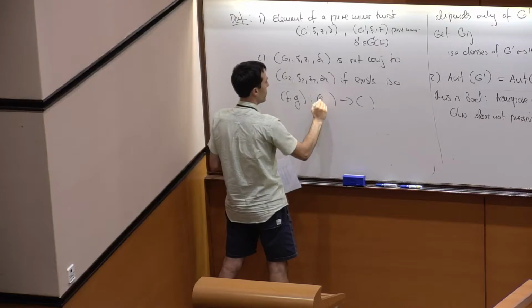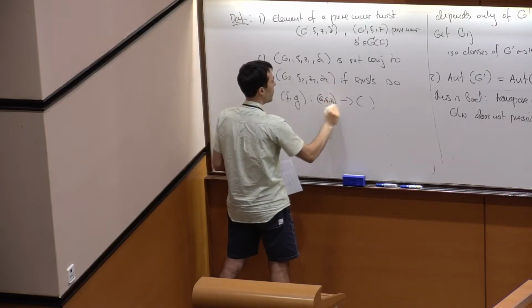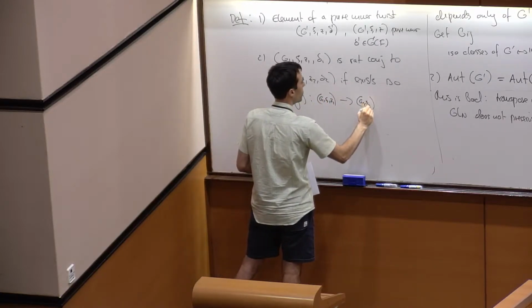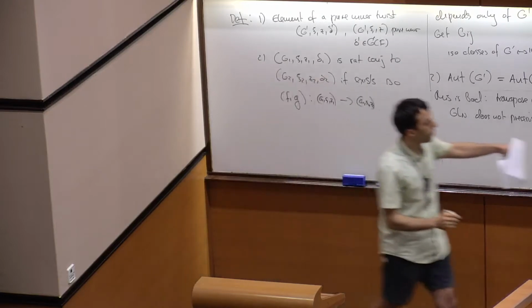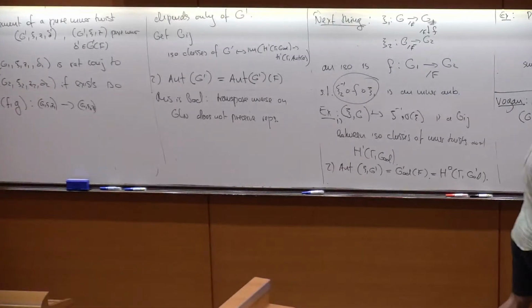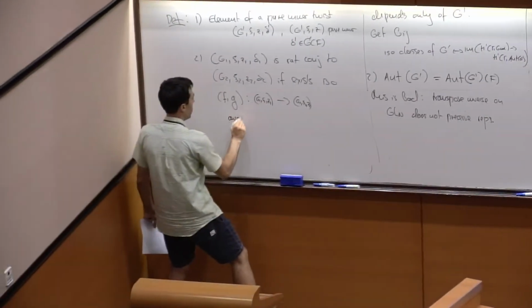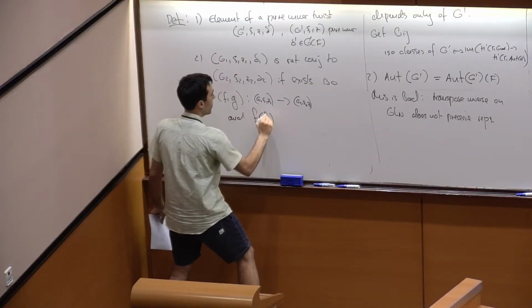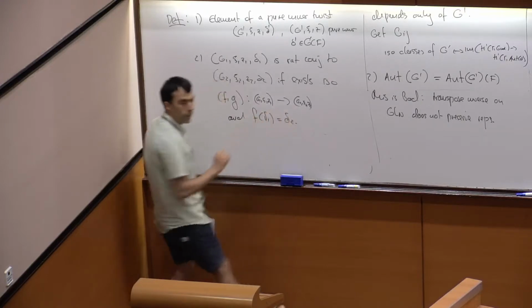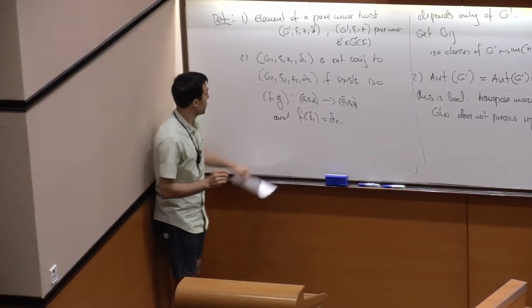So this is G1, psi1, Z1, G2, psi2, Z2. This is the concept of isomorphism we introduced over here, mapping delta 1 to delta 2. So that would be the concept of rational conjugacy.